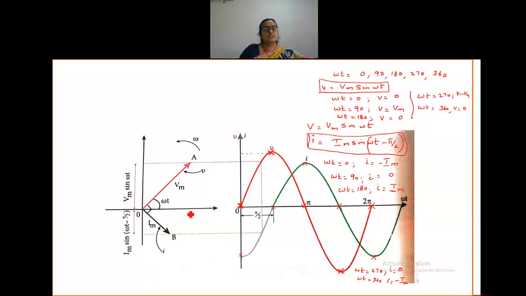So this phasor diagram clearly depicts that the voltage leads current by pi by 2, or the current lags by pi by 2. This is Im sin omega t minus pi by 2, and here you have Vm sin omega t. Hope you are very clear with the graphical representation of phasor diagrams for the current and voltage values here.